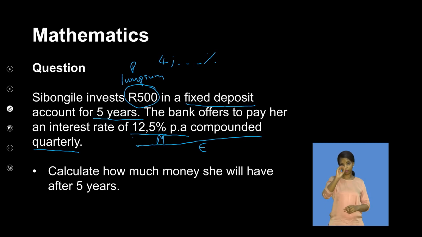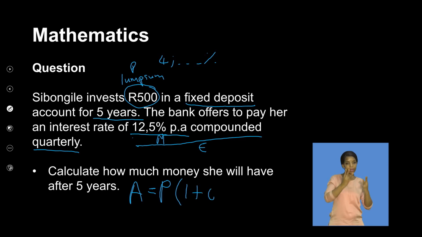So if I wanted to calculate this, my formula would be A, which is the accumulated amount, equals P, which is the principal amount, times (1 plus i) to the exponent of n.